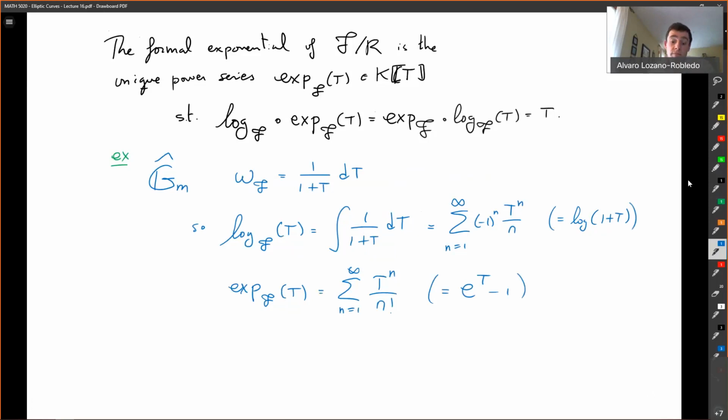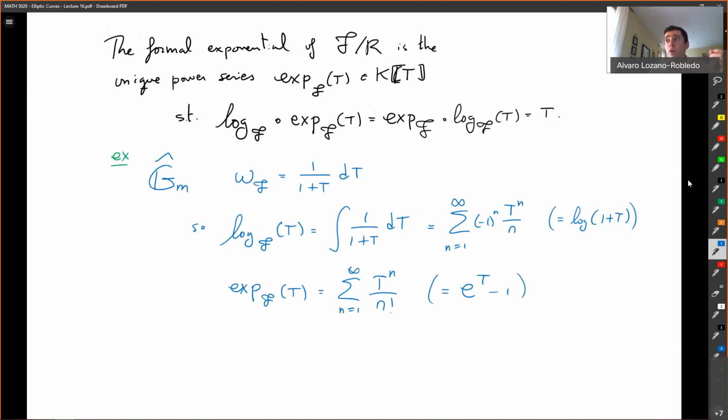And remember that the exponential gives you a homomorphism between the reals and the positive reals, a bijection between the two. We're going to use the logarithms and the exponentials to come up with some isomorphisms of formal groups.